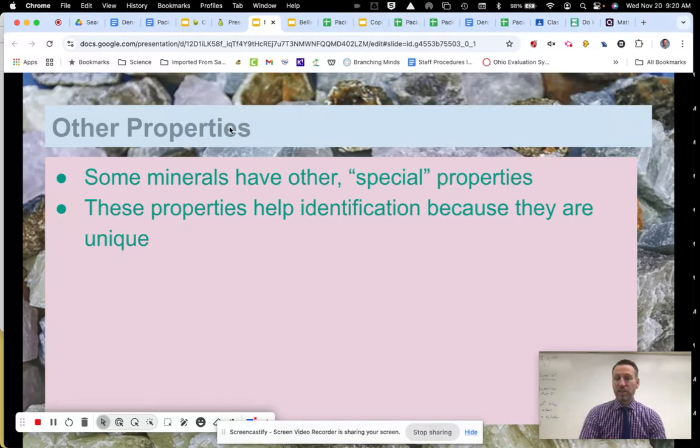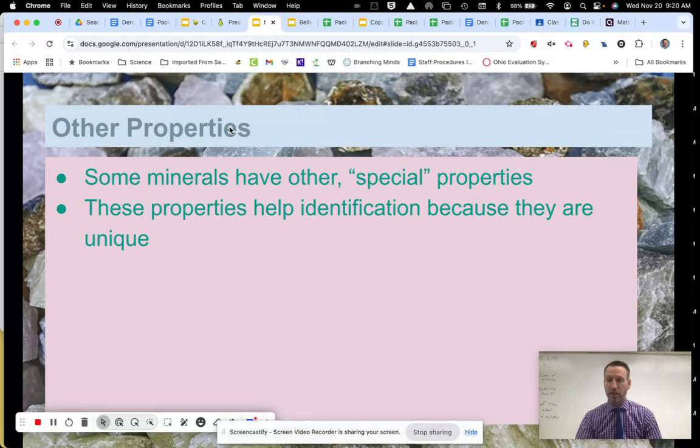In fact, oftentimes, if a mineral has one of these special properties, we don't even usually use much of the other 7 to test because it's just so unique. The other option is sometimes we use those other 7 properties and test them, and we get to a point where we can't really distinguish a certain mineral.